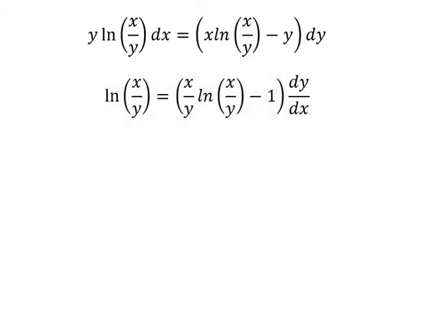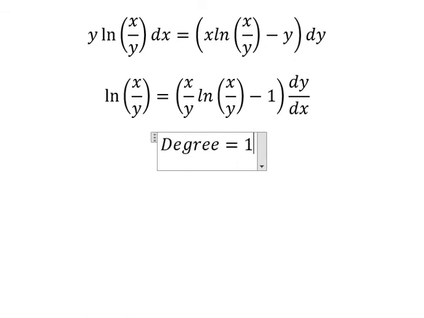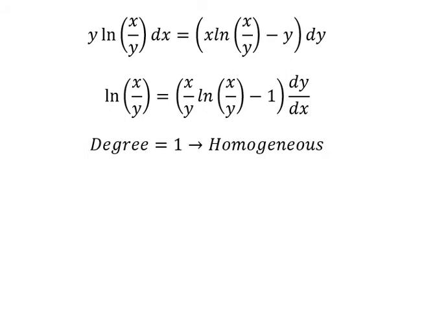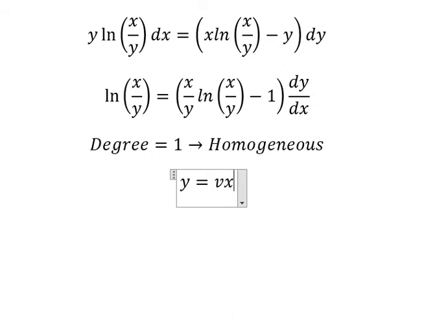This is about the root number 1. So this is about homogeneous. So I will put y equals to vx. Later that we need to do first the derivative for both sides.